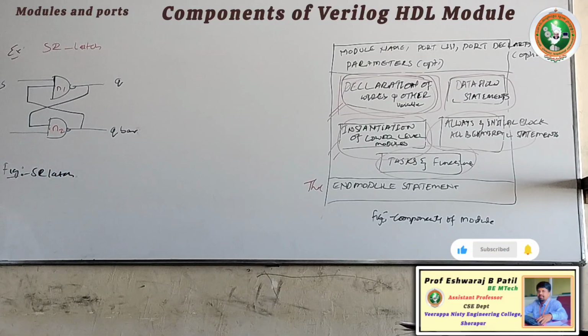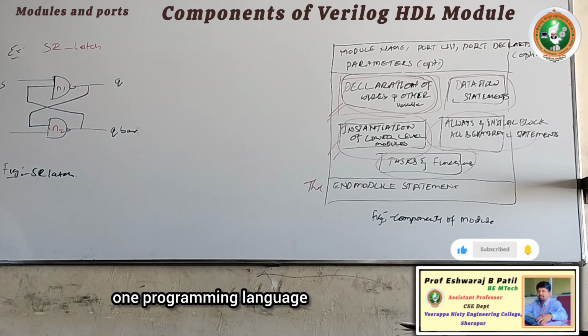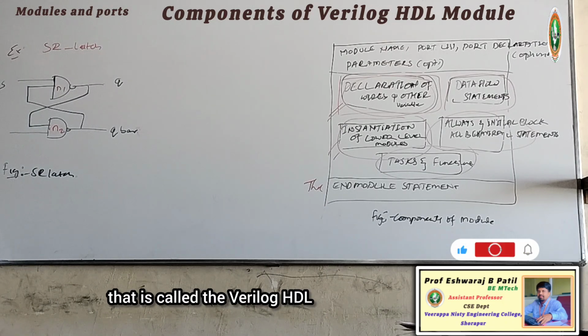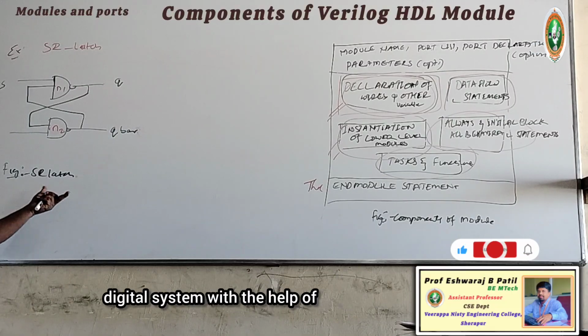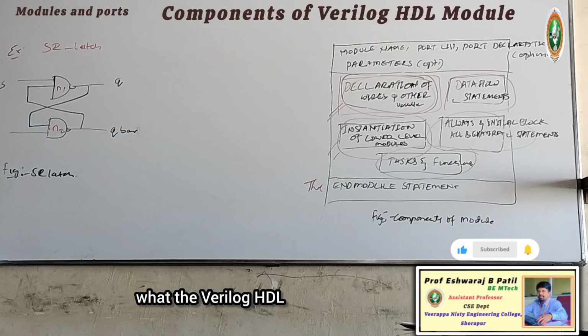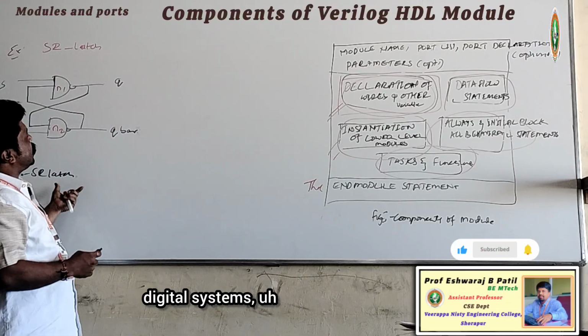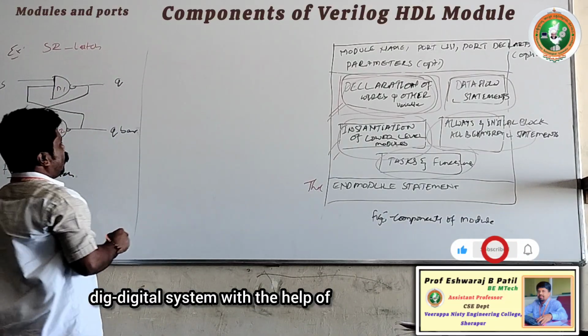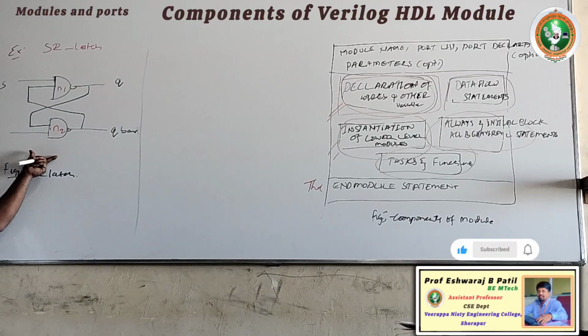Then we describe this digital system with the help of the programming language called Verilog HDL. I have to write the program related to this digital system using Verilog HDL.